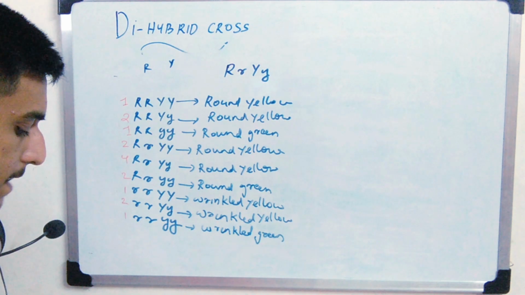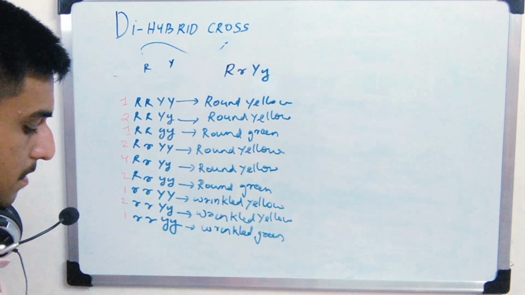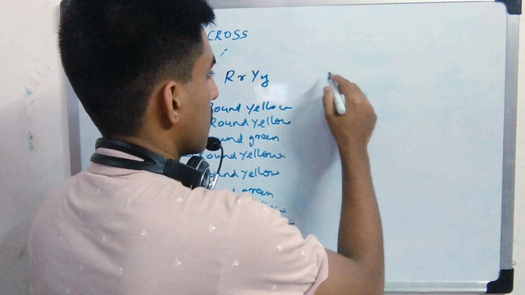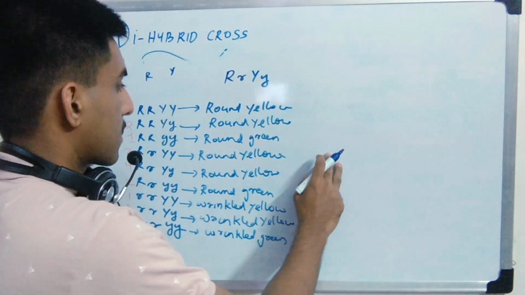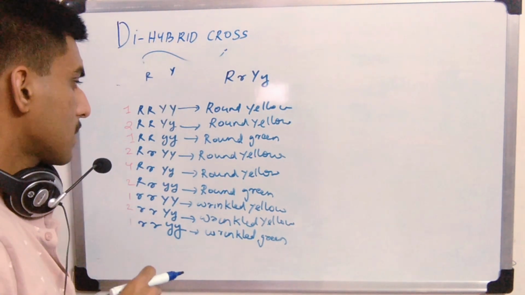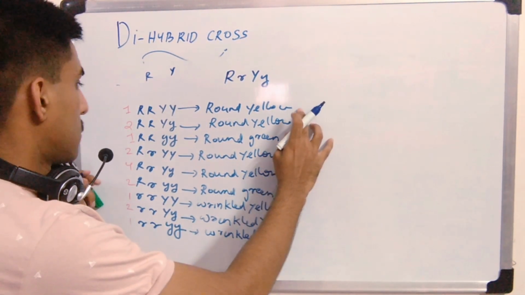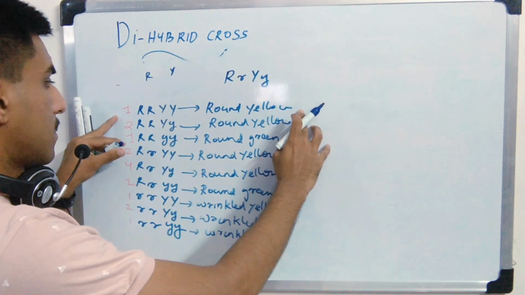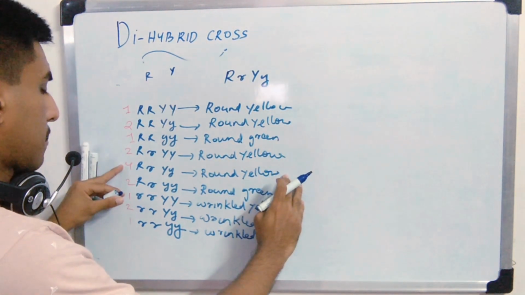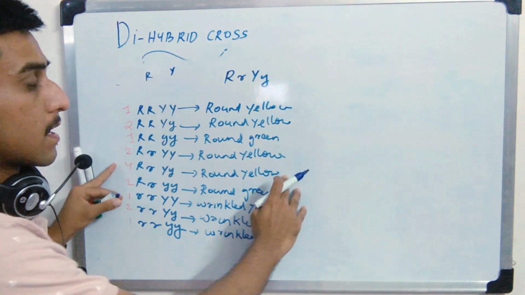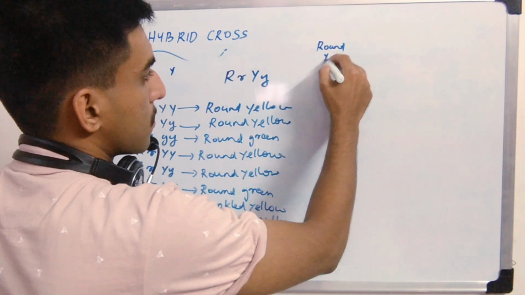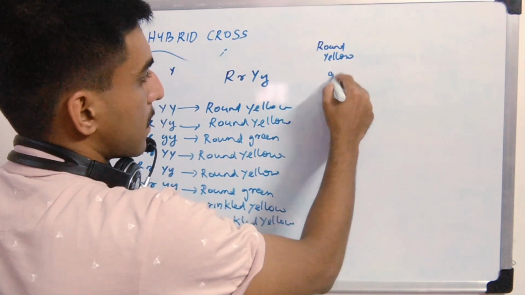Now we are going to analyze the result. So first I'm going to write round yellow, we are first looking at round yellow. Round yellow here 1, then 3, 5 plus 4, 9. So there are 9 round yellow phenotype.